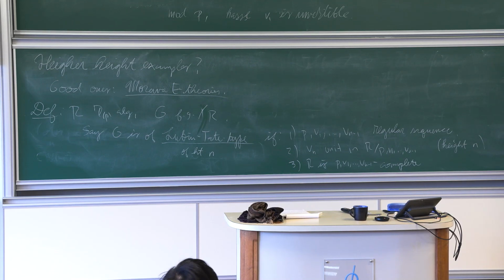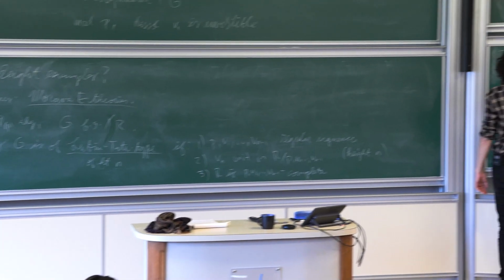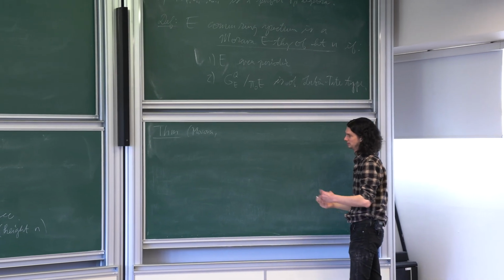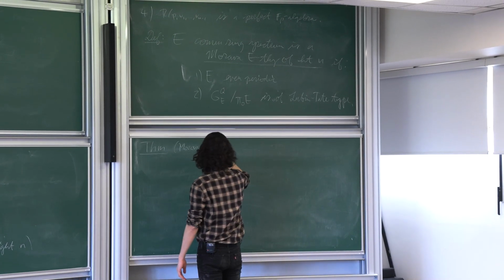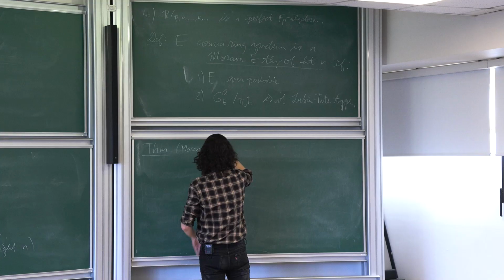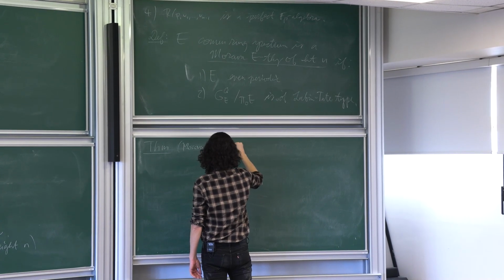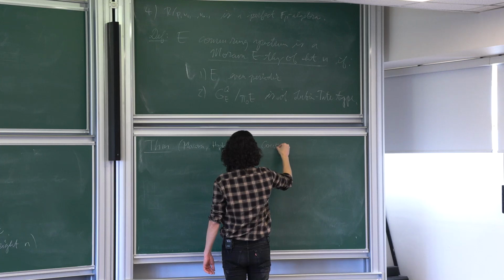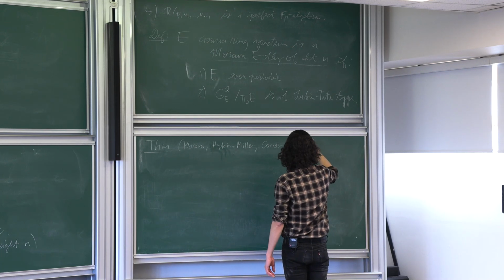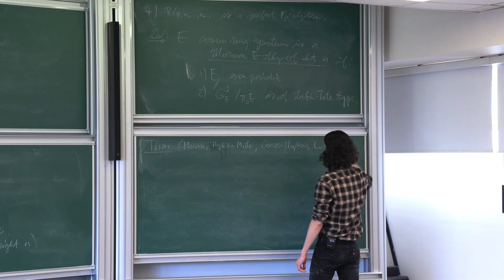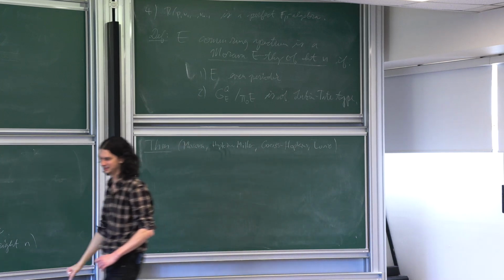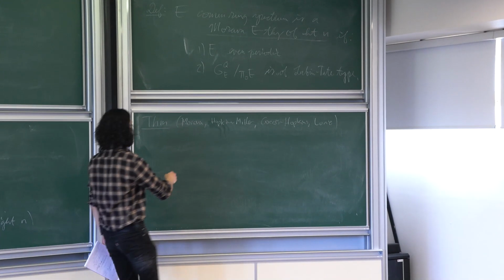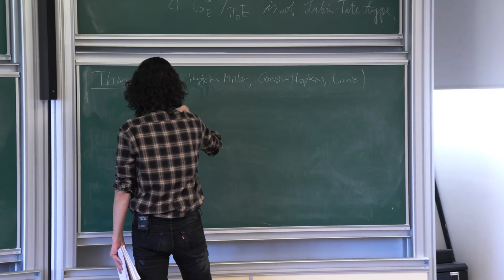So then there's a big theorem. The first version was done by Morava, then others improved it a bit, then Hopkins improved it even more, and then Lurie improved it even more, and now maybe this is enough.